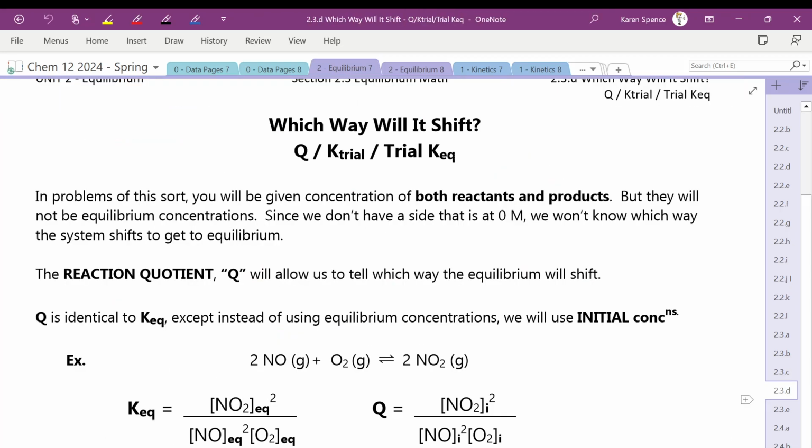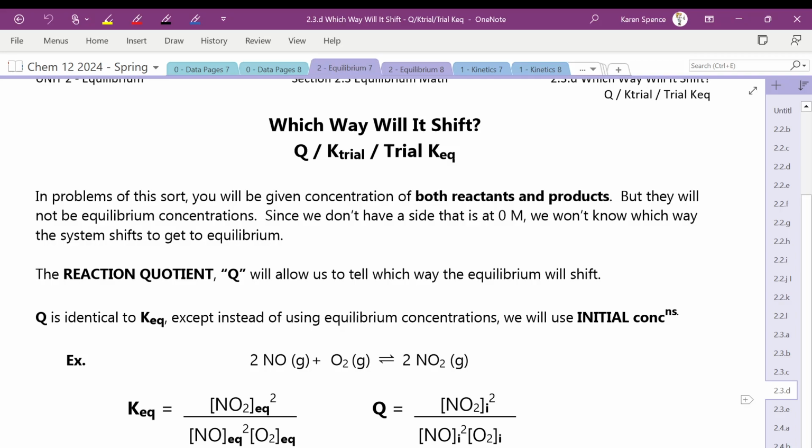All right. Now, do you remember when we were using the RICE tables, we could be given either reactants or products, and we absolutely know which direction it's going to shift. If all you have is reactants, it has to shift towards the products. If I gave you only products, it would have to shift towards the reactants. But what if I give you some reactants and some products, but we're not at equilibrium?